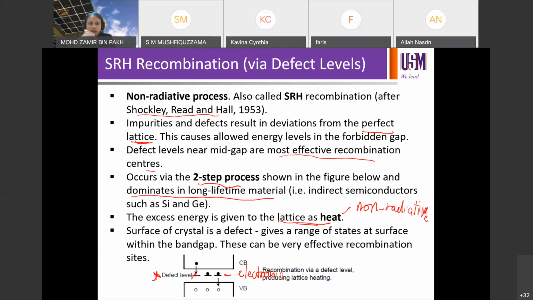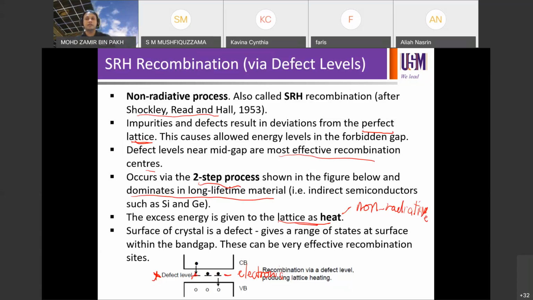The surface of a crystal is a defect, giving a range of states at the surface within the band gap. If you look at your samples, your device or your semiconductor materials, you may have defects that can be seen physically, or maybe they are not visible at all.